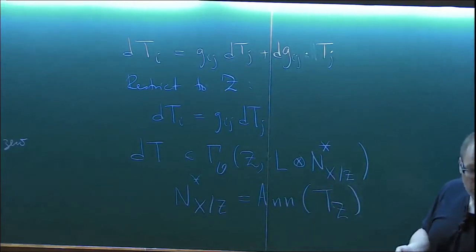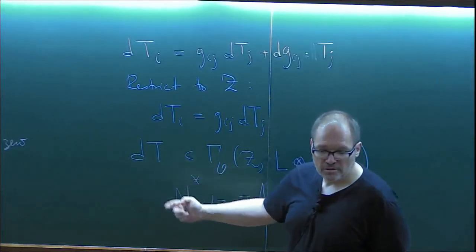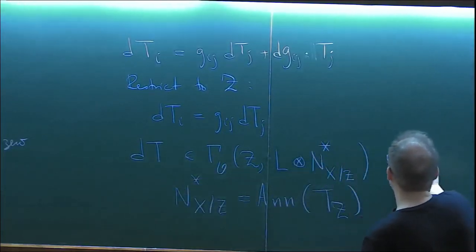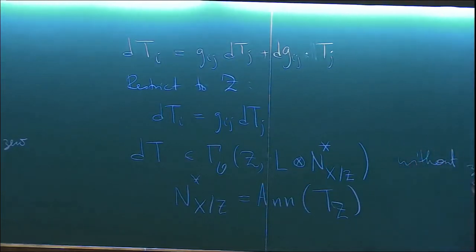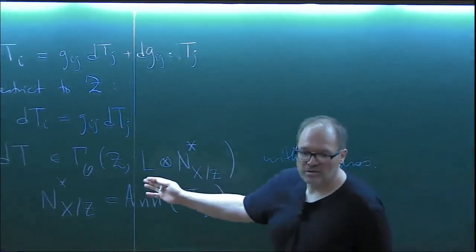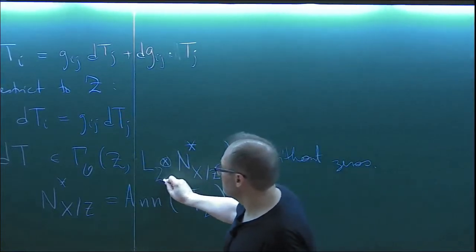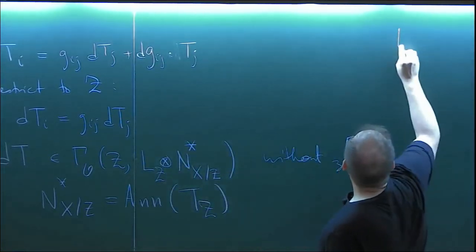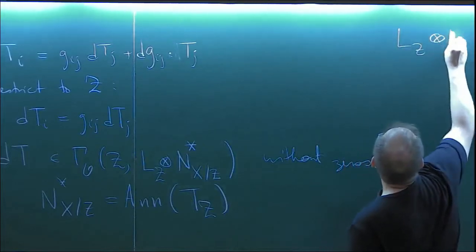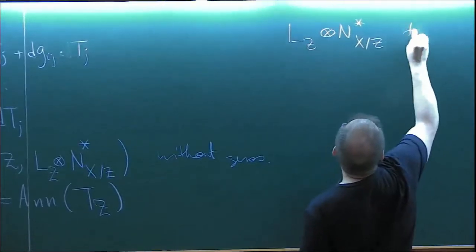But there's one additional feature. This section has no zeros anywhere. Okay. What does that mean about this line bundle? This should say L sub Z. It's trivial, right? So this L_Z tensor N of X mod Z star is trivial.